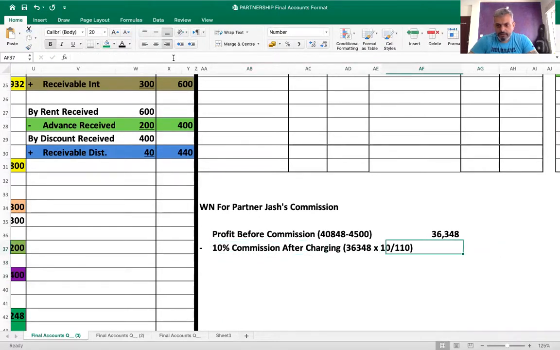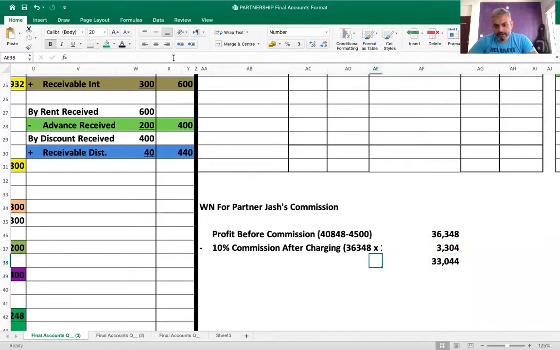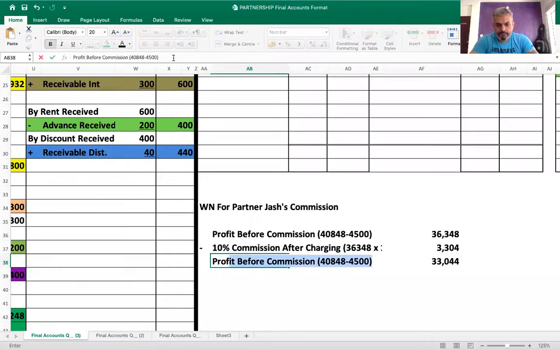So let's calculate it. It comes to 3304. So subtract it. What we get is 33044. This is profit after commission, distributed between partners.